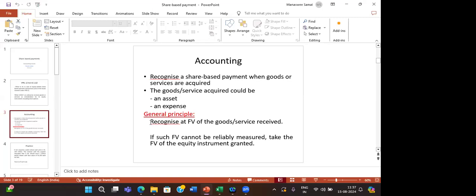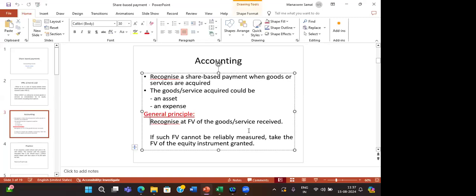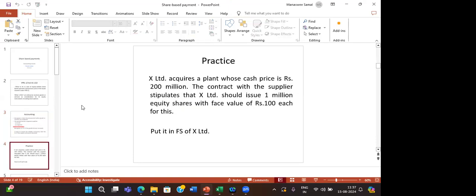So what we'll do right now, we'll run after this particular sentence and invoke a small example, next slide, to see the thought process in the GAAP when they say the transaction must be recorded at fair value of the goods or service the company has received. So let us take a small example. You are buying a plant whose cash price is rupees 200 million.